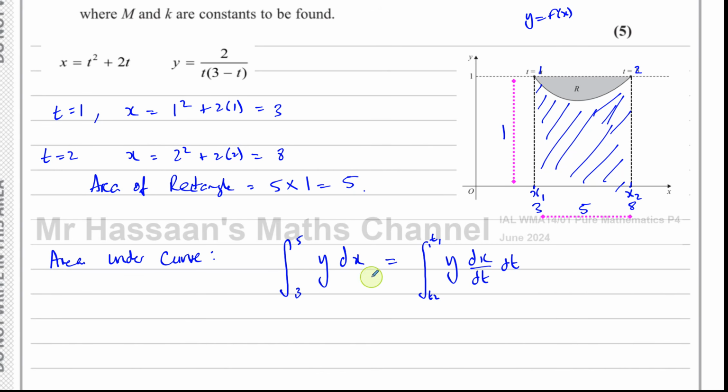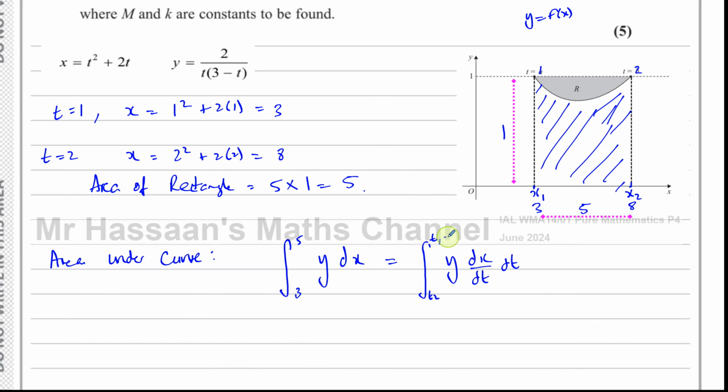Okay, now these are x values, so I can find the limits by using this. I know the values of t here. I don't need to worry about that, do I? Okay, I know the value at this point is when t equals 1, and that's t equals 2. We already worked that out from the first part of the question.